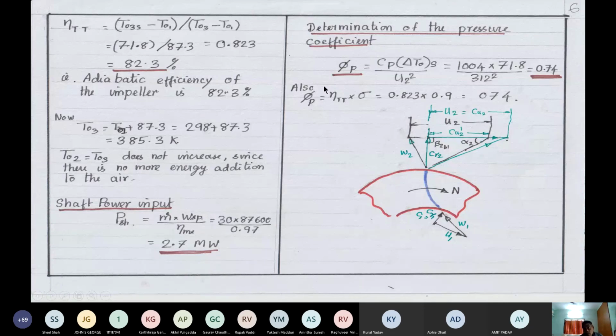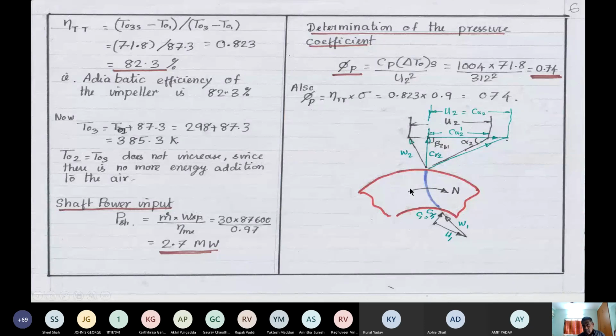Cp is 1004, delta T0S we have calculated, that is 71.8, divided by U2 square, that is 312 square, which finally gets you 0.74. You'll see that psi can also be calculated by this method. It is nothing but the product of total to total efficiency and the slip coefficient sigma. If you take that product, then also we will get say 0.74.